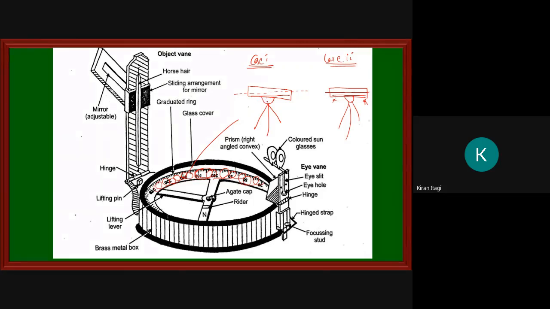So with the help of this socket, what I can do is push this part a little bit upper, and then it will become completely horizontal. Here we don't have any bubbles. So how will you come to know that the instrument is leveled?